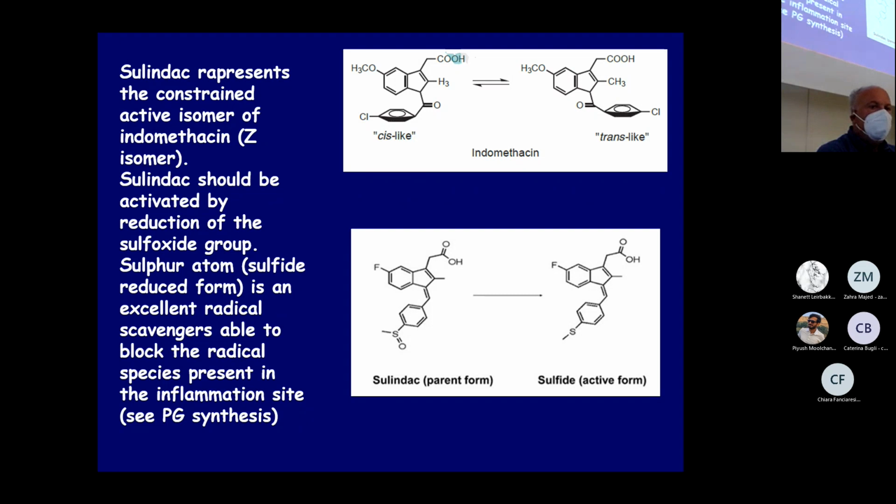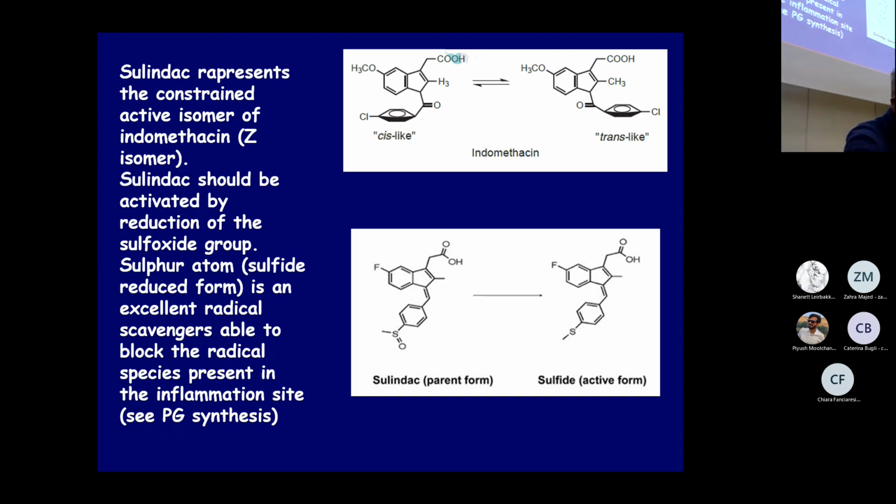If you remember, sulfur has a lot of electrons. It is able to give electrons to the radical species. And in the area of injury, of inflammation, there is a strong production of free radicals. The reaction of the formation of prostaglandin is a radical pathway.